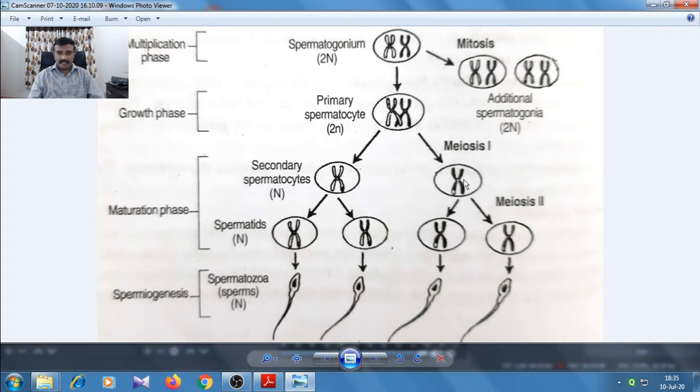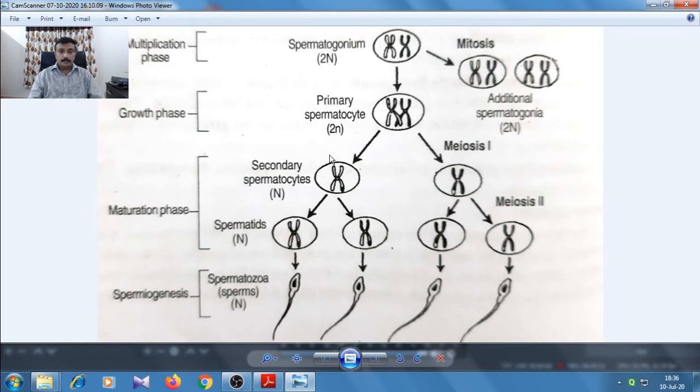Two secondary spermatocytes are formed. And this meiosis 1 is a reduction division. There is a reduction in the number of chromosomes. So what happens? This 2n changes to n. Only half the chromosomes have gone inside each cell. Here you could see 2 chromosomes, that is why we called it diploid, 2n. Now reduction has happened. Here half the chromosomes and here half the chromosomes, n number of chromosomes. And now they are called the secondary spermatocytes.